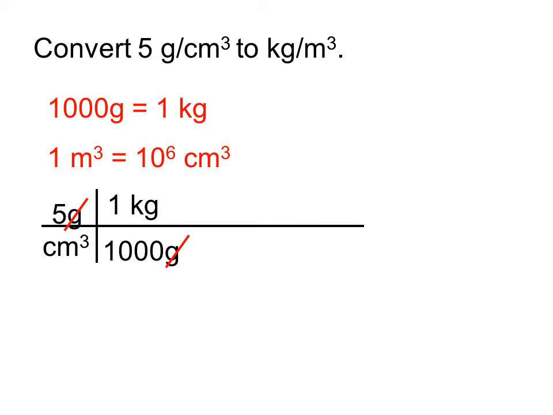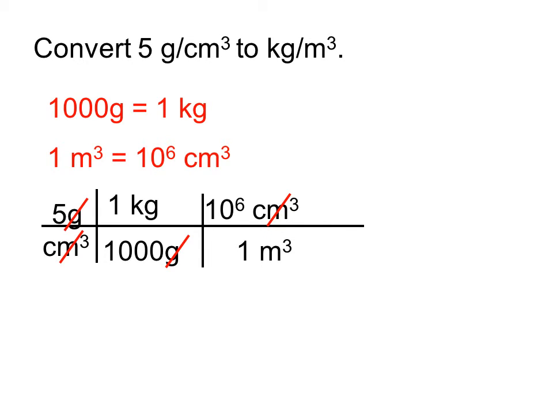Okay, so I'm done converting the grams. I got it right where I want it, because I'm trying to get to kilograms, so the uncanceled mass unit is kilograms, so you're done there. Now I've got to take care of this. To take care of this, you've got to put cubic centimeters on the bottom. That's why I put 10 to the 6 cubic centimeters on the bottom, which is equal to 1 cubic meter.